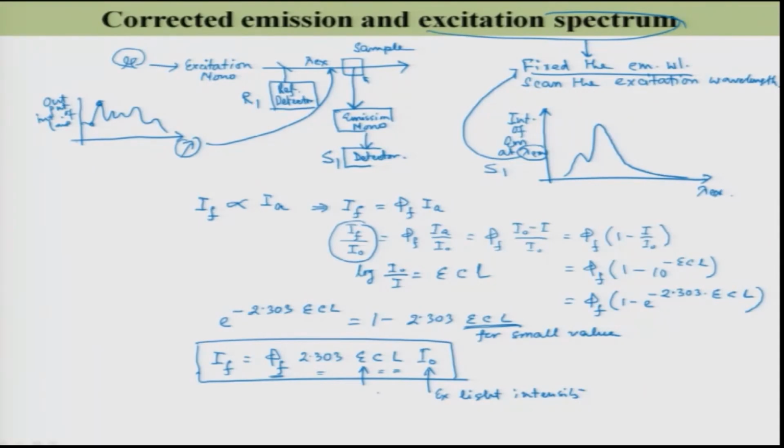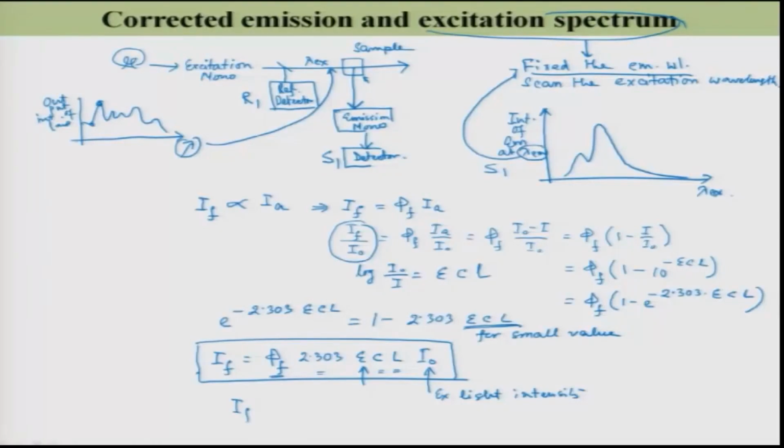So, if the I0, that excitation light intensity, is constant over the excitation wavelength, then IF is proportional to epsilon CL, because C and L are constant themselves.